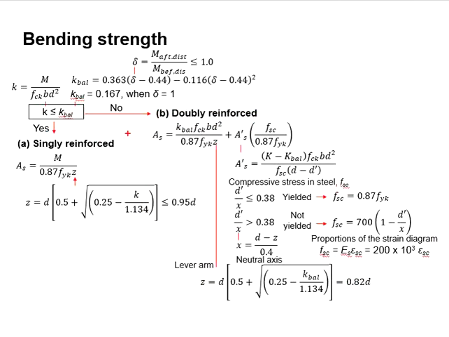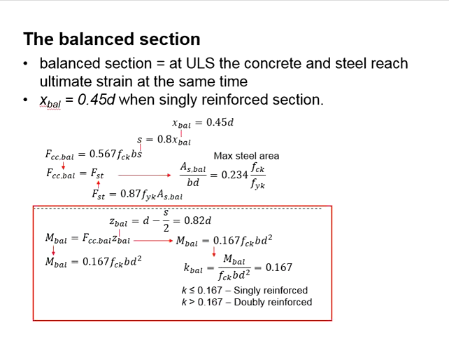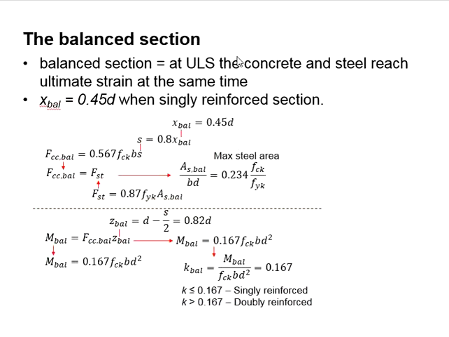And then there is a control for us to determine whether to use a singly reinforced member or a doubly reinforced member. There is a limit of the K, which is known as the K balance. K balance is worked out on the basis of 0.45d, as indicated by this equation.